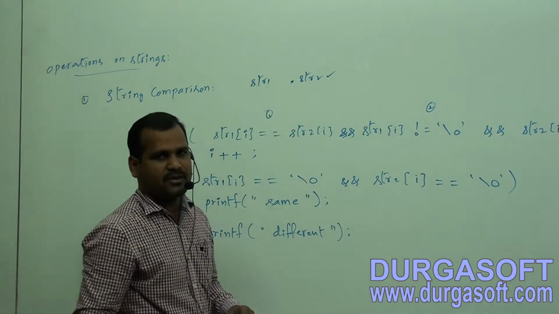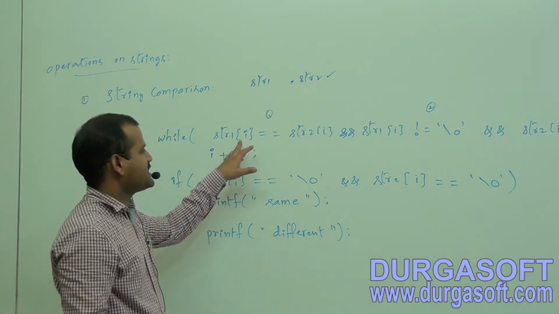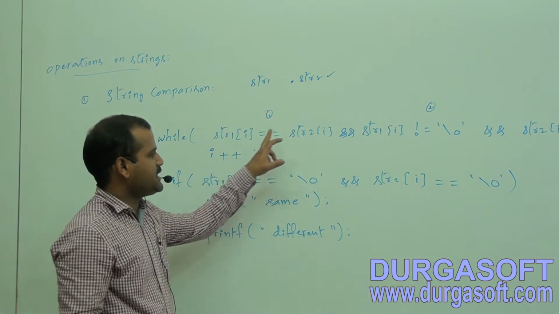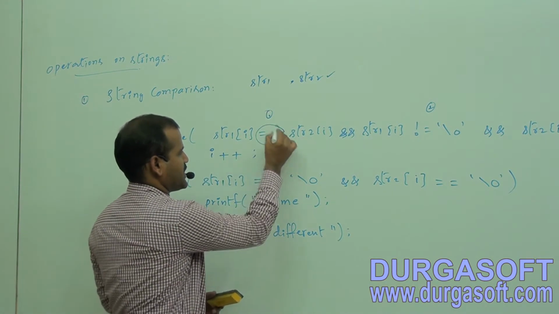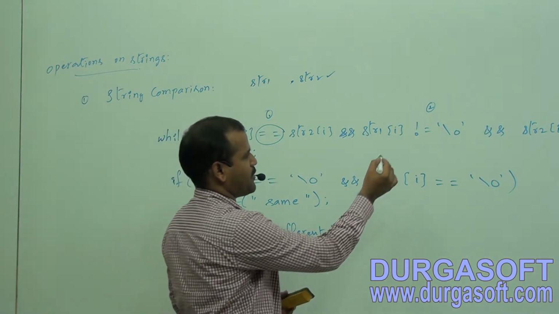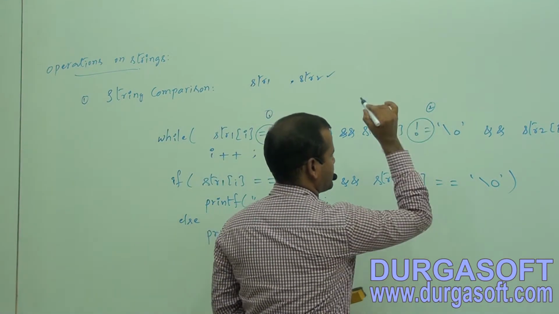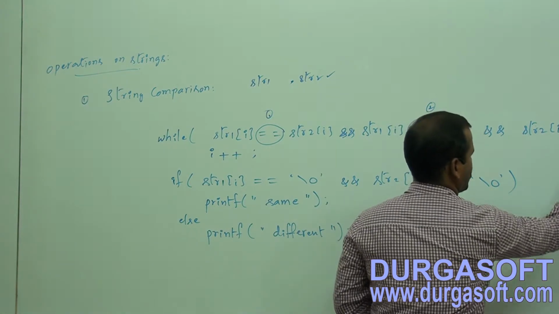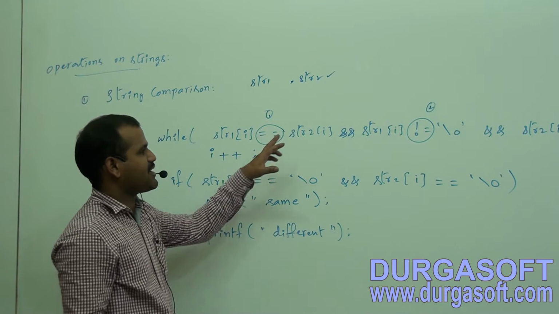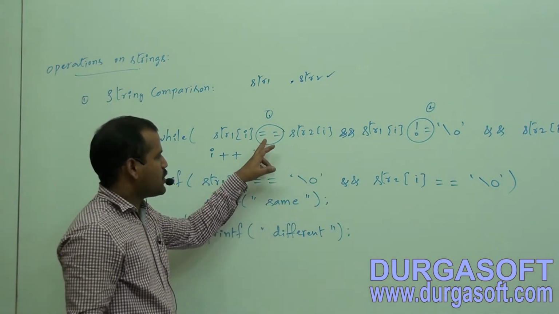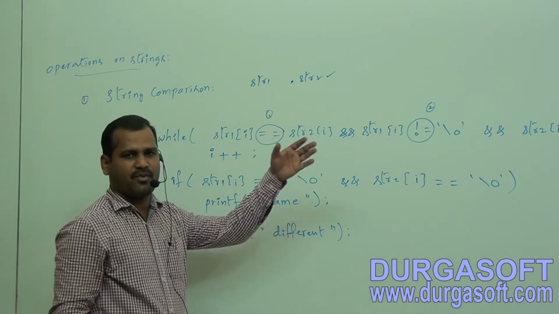If we observe the condition in this while loop, the first condition is string 1 compared with string 2. Here this is the relational operator or comparison operator, and this is also a comparison operator, and this is one more comparison operator. So there are three relational or comparison operators like that. Those give either a true condition or a false condition.